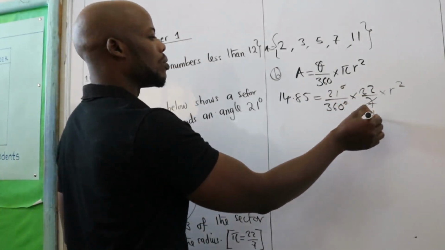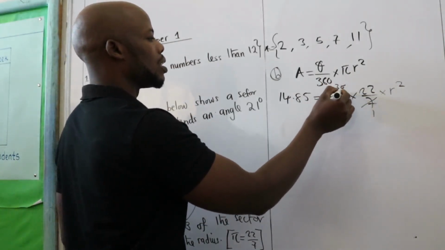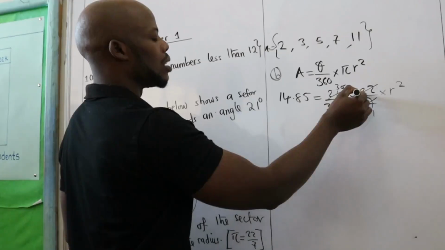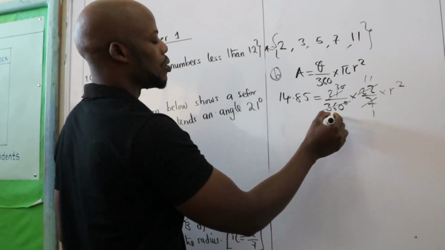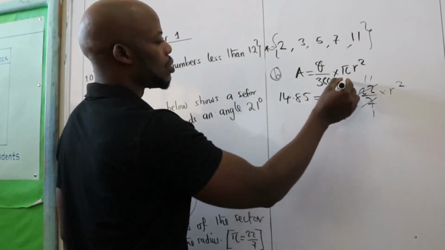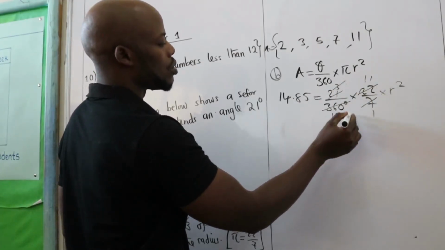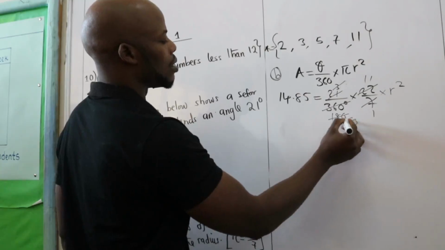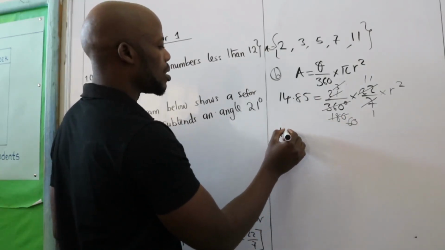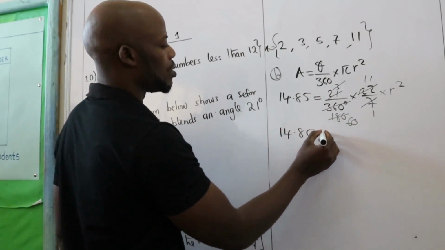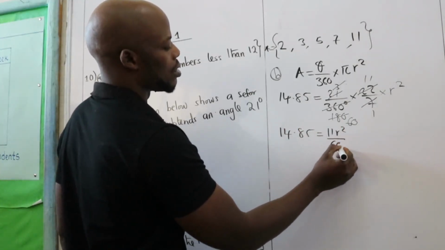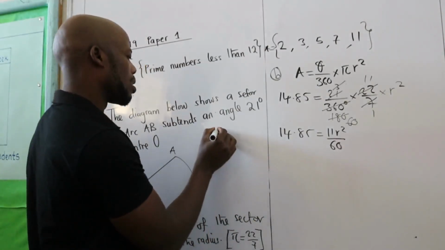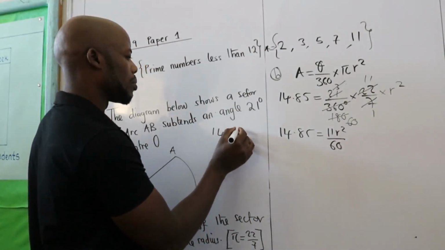So 7 into 7, 1 into 21 is 3. 2 into 22, 11. Into 360 is 180. So 3 into 180 is 60. So you have 14.85 is equal to 11 r squared over this 60. So you can cross multiply. Let's try to cross multiply.